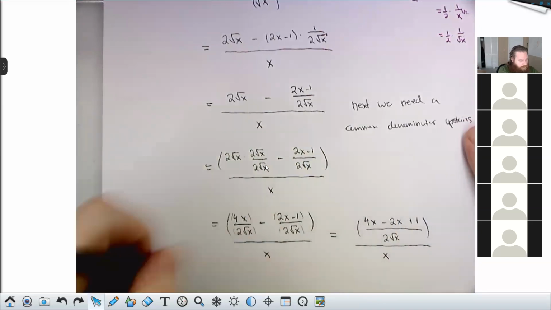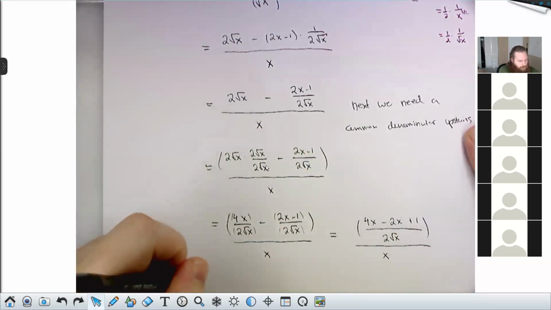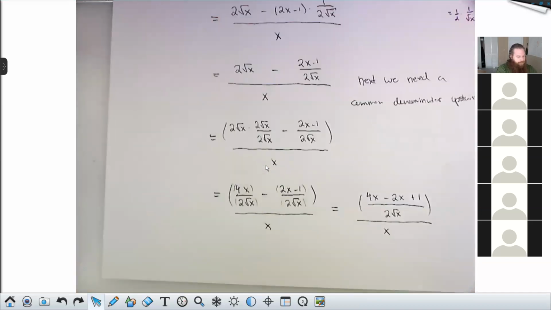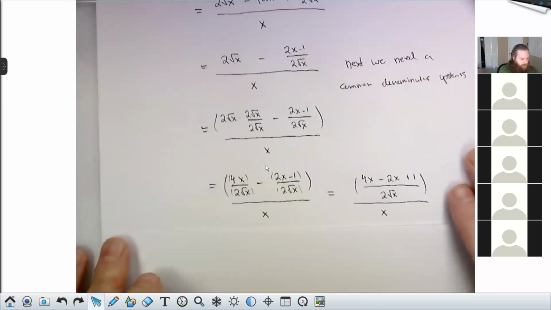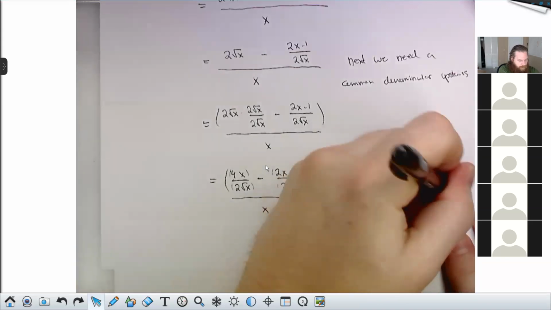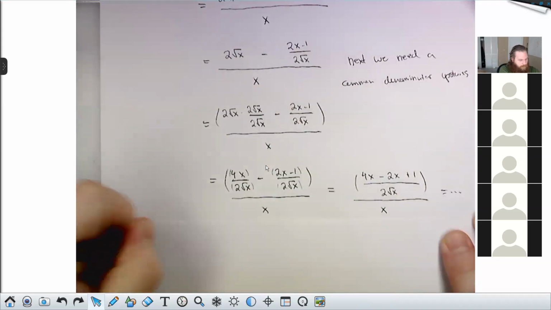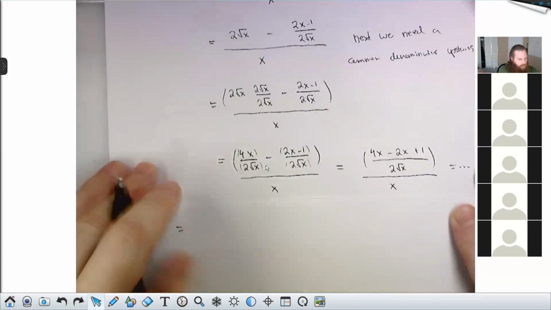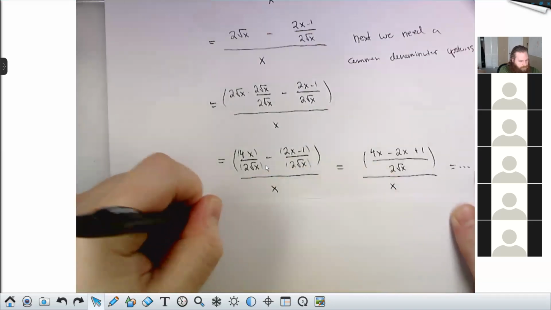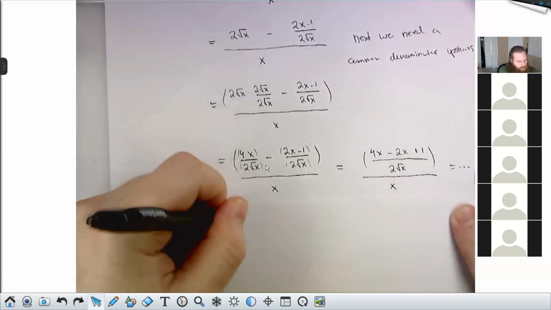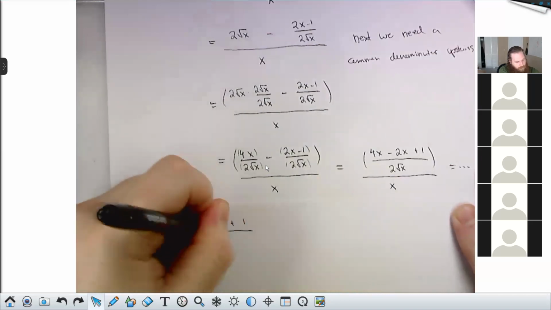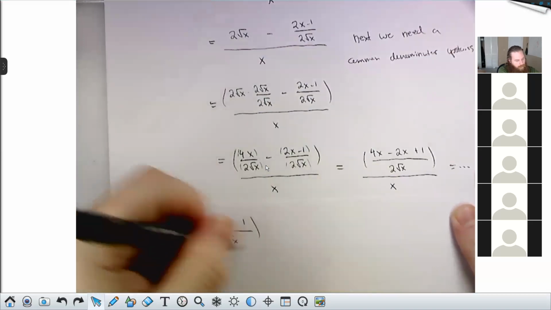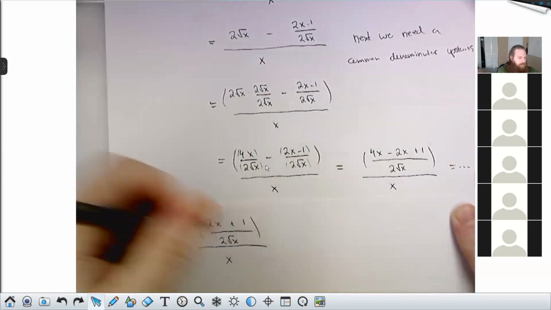And you can see why this is a little bit nasty, right? I'll continue this. And continue this over here. 4x minus 2x is 2x. That'll be 2x plus 1 over 2 square roots of x, all being divided by x.